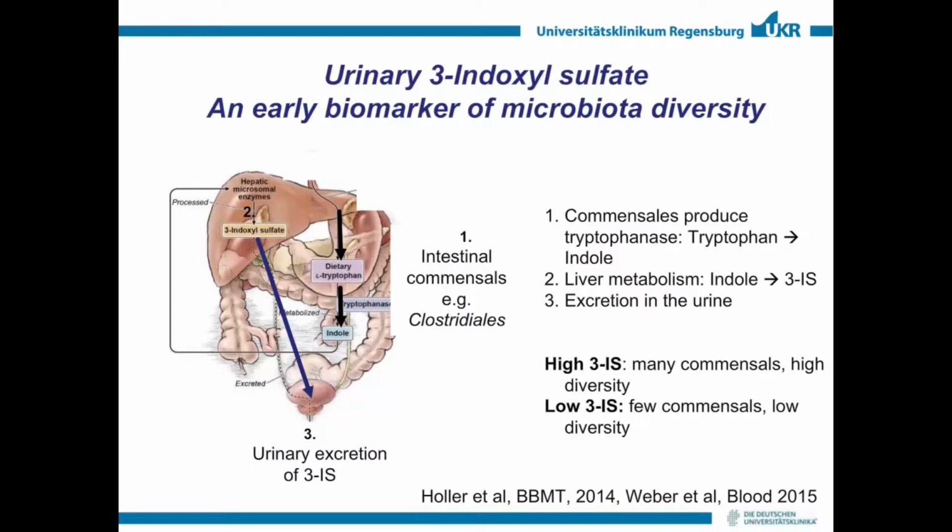We came to indoxyl sulfate because there were studies comparing germ-free mice and mice in conventional surroundings, and one of the completely absent metabolites in germ-free mice was indoxyl sulfate. So we can now say high indoxyl sulfate levels in the urine indicate many commensals and high diversity, and low indoxyl sulfate indicates few commensals and low diversity.